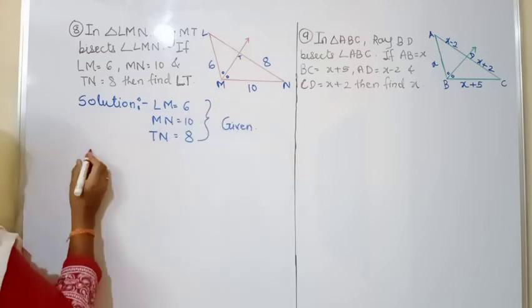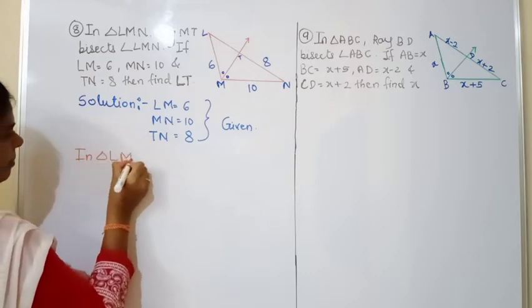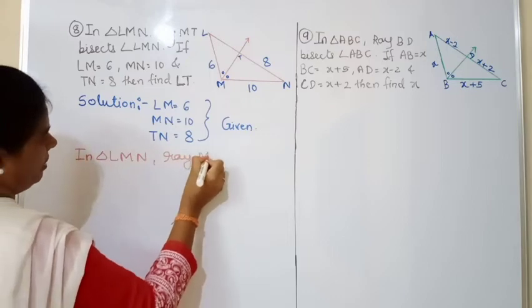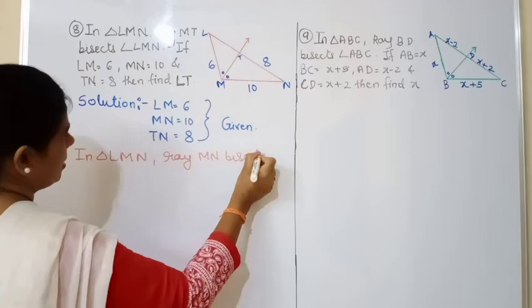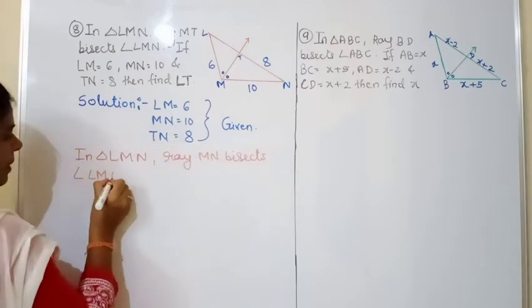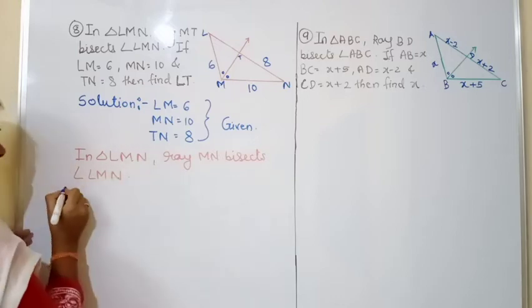Then next thing, in triangle LMN, ray MT bisects angle LMN. Okay, therefore we have to use the property now.